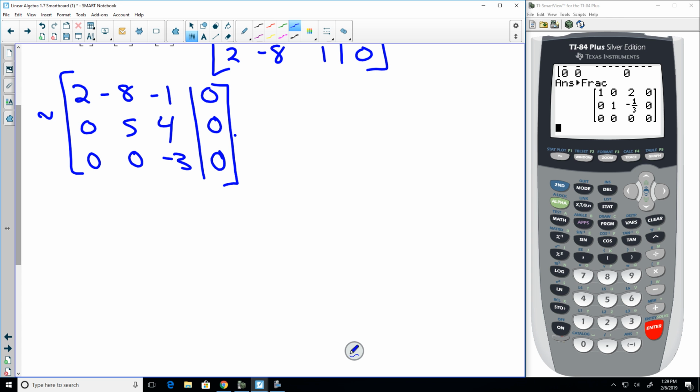So I had these zeros here, right? And a 0 here. Can I make that -3 a 1? So divide by -3, right? It's not going to change the zeros. Everybody agree? I can use that 1 to eliminate these two. Do you agree with that?